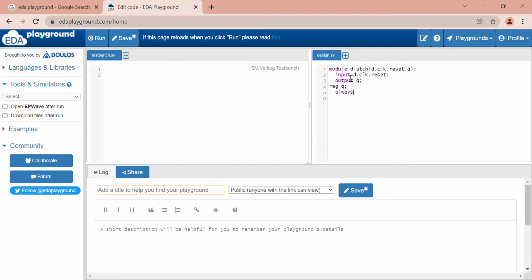Then the always block, making it in the behavioral modeling style, with clock or D. Then here we are giving a logic: if clock and reset, because we are making it synchronous reset, so reset should be in sync with the clock.